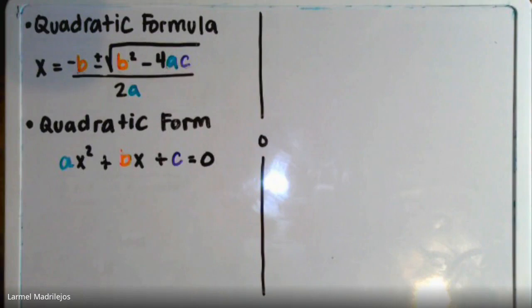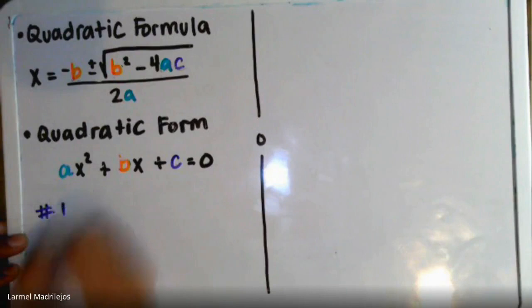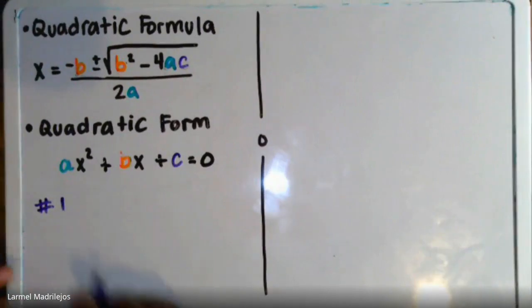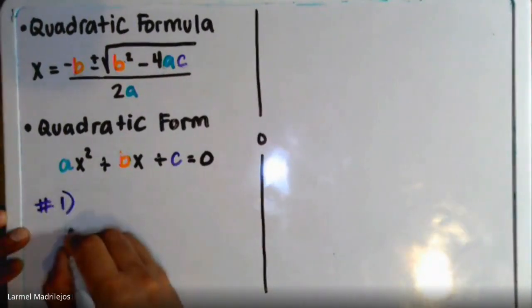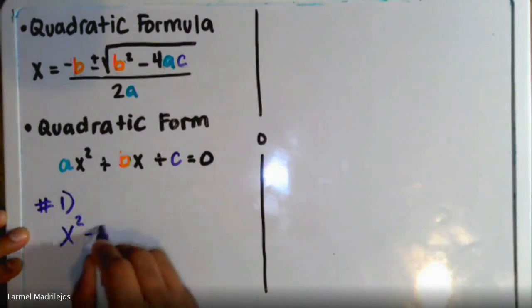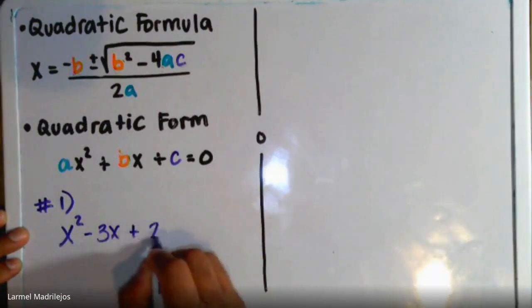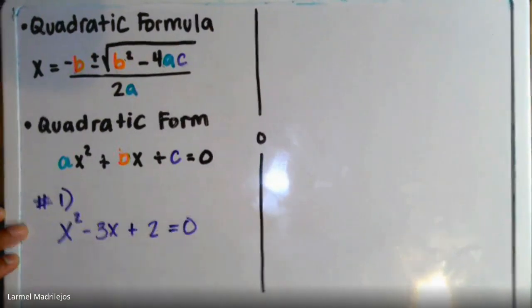I'm going to do question number 1 as your example. Question number 1 is x squared minus 3x plus 2 equals 0.